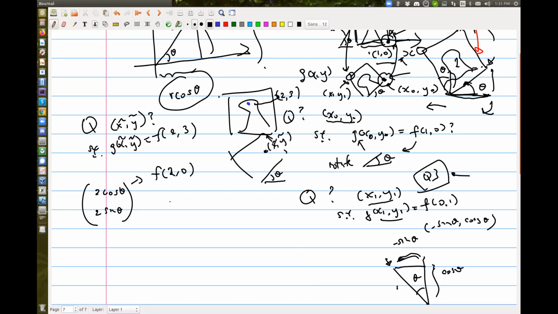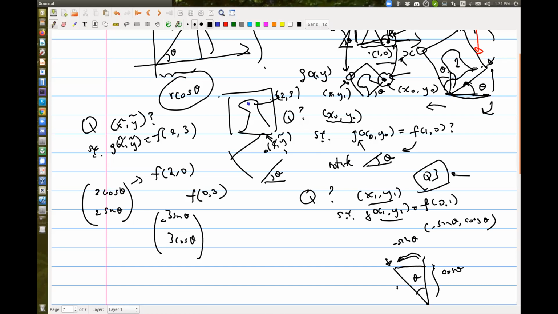And then to map to 0 and 3, that point will be minus 3 sine theta and 3 cosine theta.